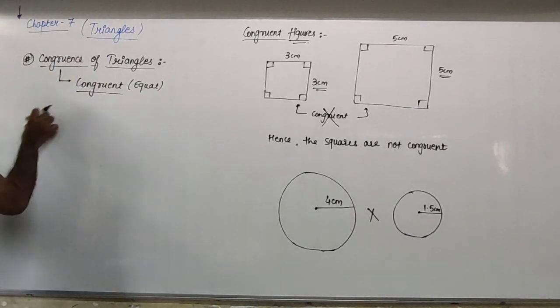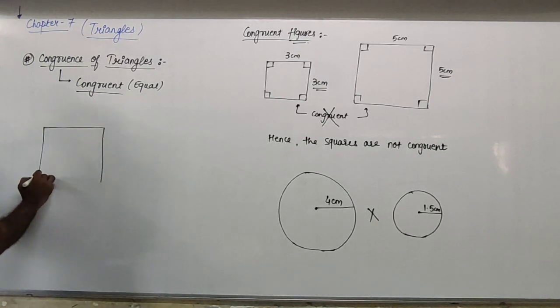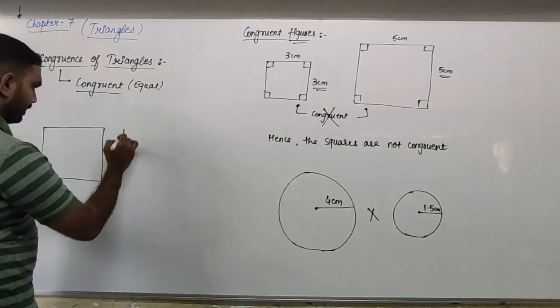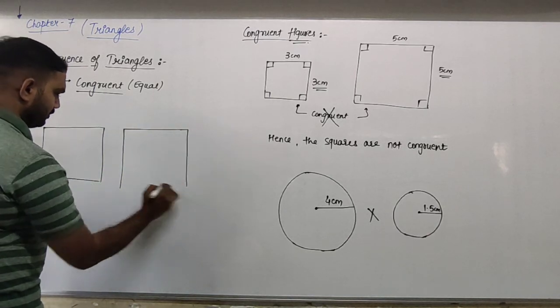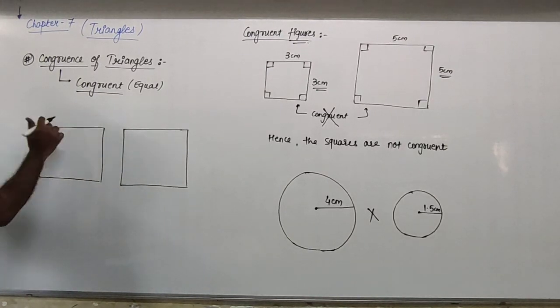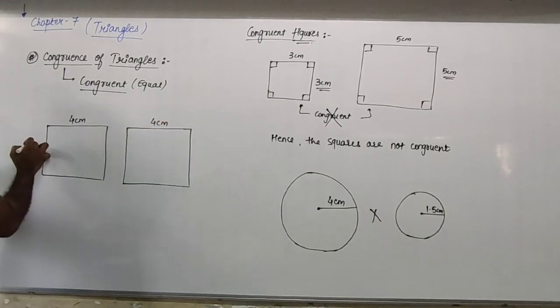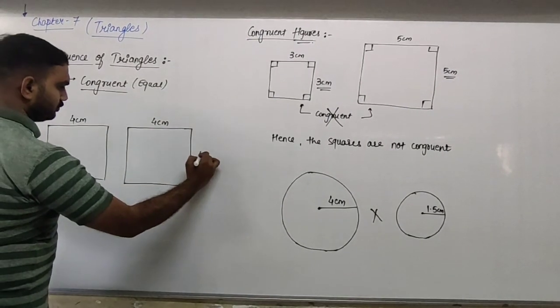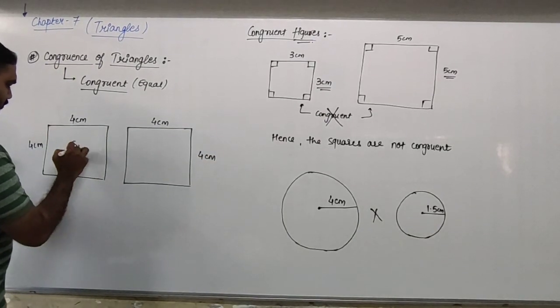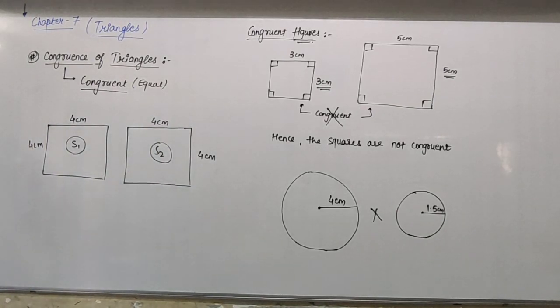Let us say for example again I am taking two squares. Right?